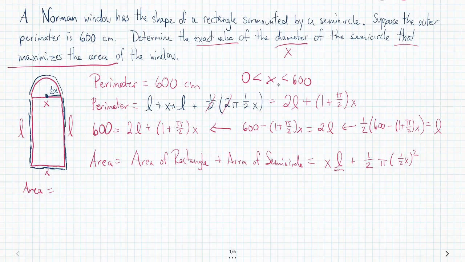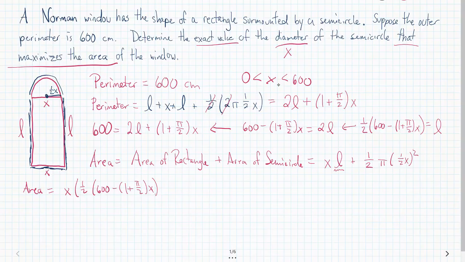So now moving forward from here, what is our area equal? Well, we can write this as x times, and this will look nasty, but we can simplify this a little bit in just a second. So you get 1/2 times (600 minus (1 plus pi over 2) times x), and then we'll close that off.